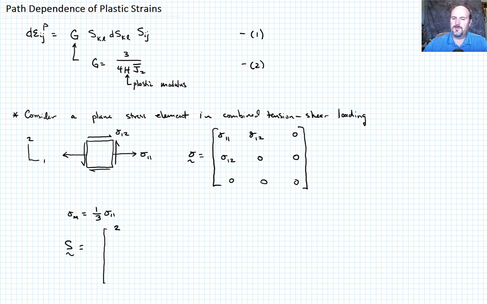So this becomes 2/3 sigma 1,1. This just still stays at sigma 1,2, 0, sigma 1,2. This now is negative 1/3 sigma 1,1, 0, 0, 0, and then negative 1/3 sigma 1,1. Okay, so hopefully that's straightforward. Nothing too new. This is the stress state that we're going to look at.